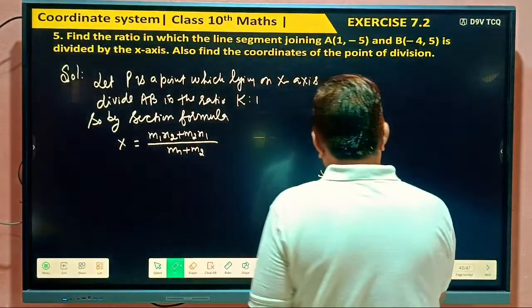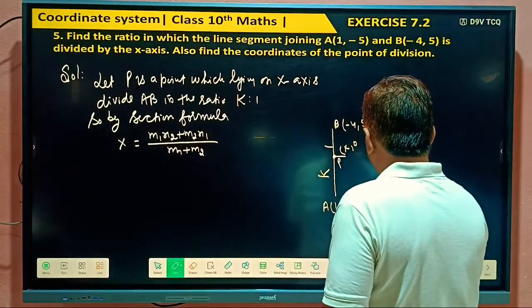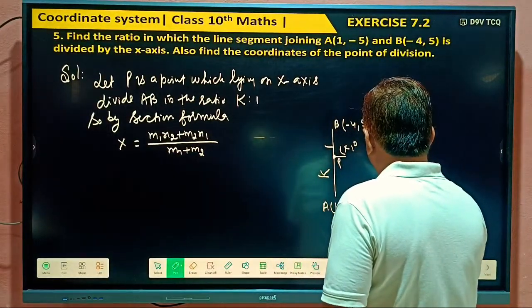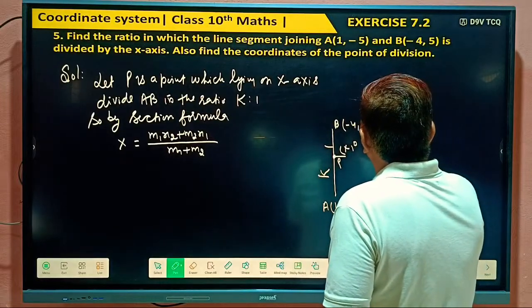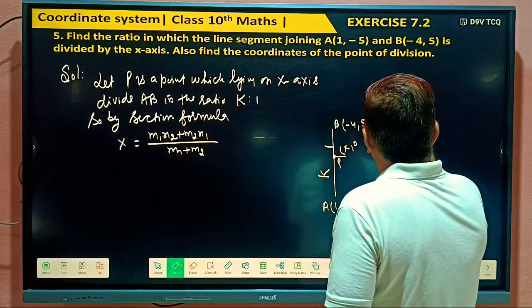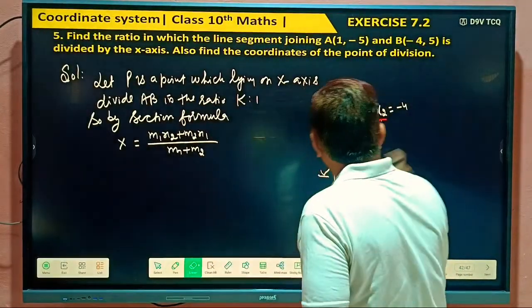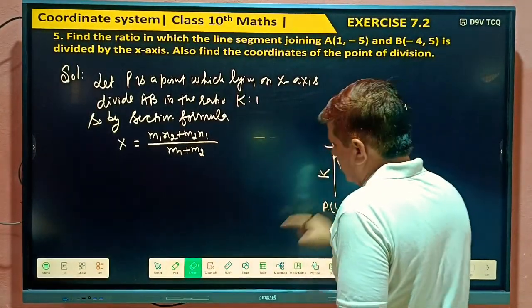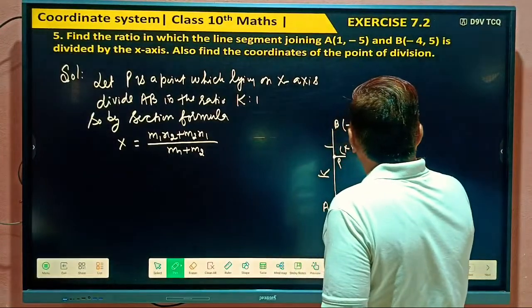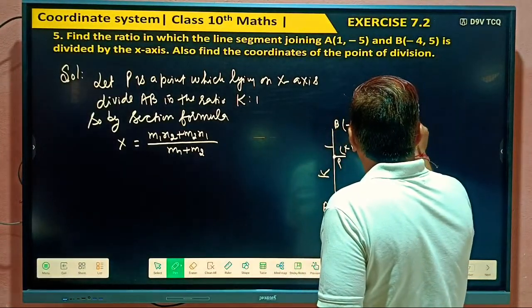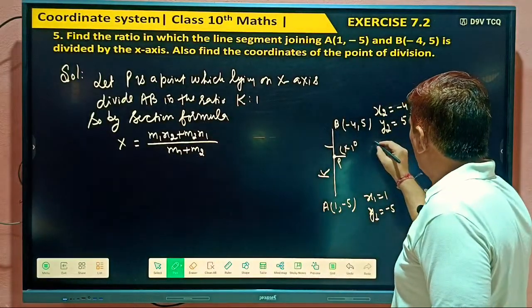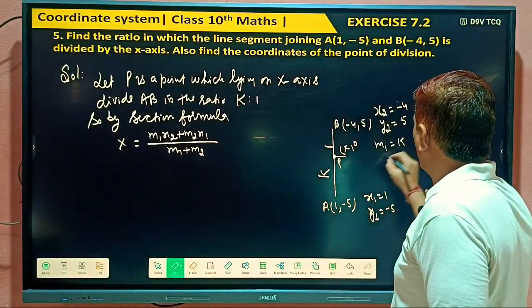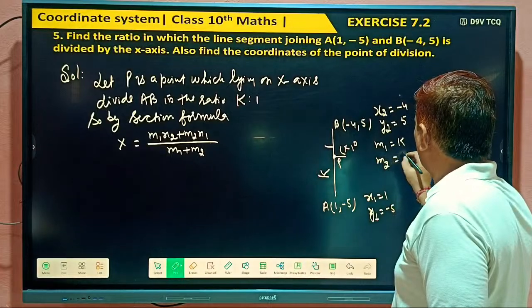So what is x1 here? 1, y1 -5, x2 -4, and y2 5. Understood? m1 equal to k, m2 equal to 1.